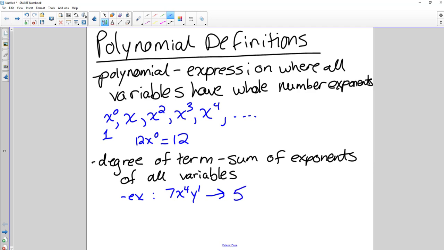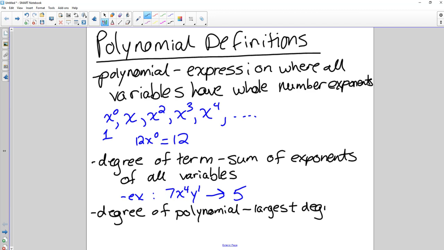Okay, we'll do some more with that in a second, but first let's define the degree of the polynomial. The degree of a polynomial is the largest degree of all of the terms.